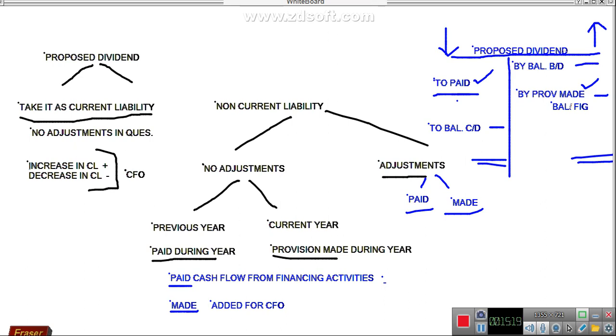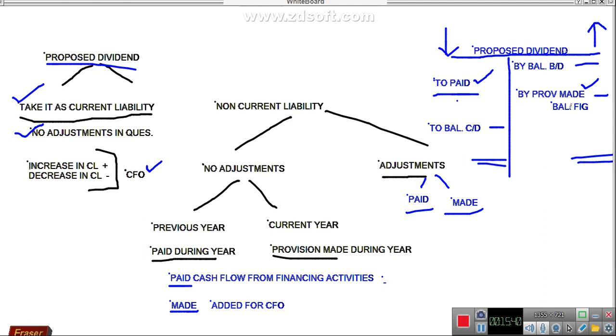So again I am repeating it, summarizing this: proposed dividend, if you are taking it as a current liability and you have been given no adjustment in the question, then increase in current liability will be added in calculation of cash flow from operating activities, and decrease in current liability will be subtracted.